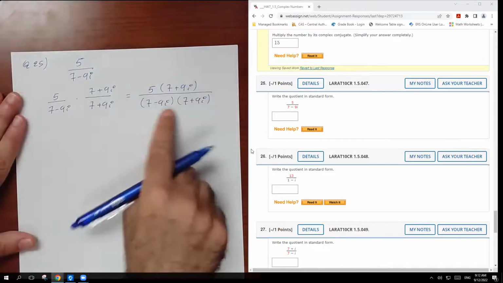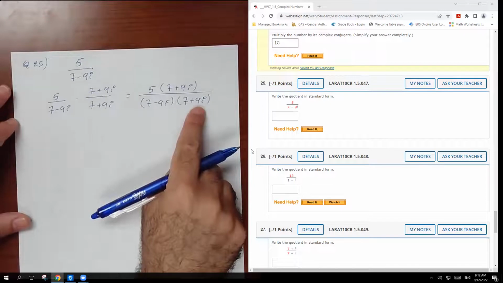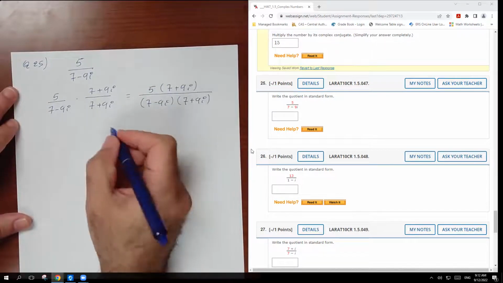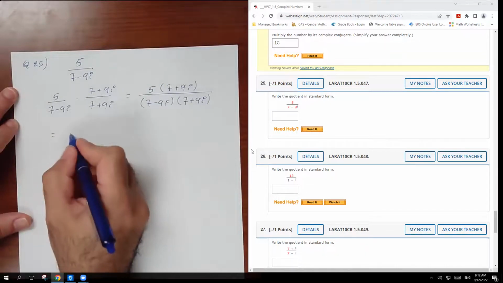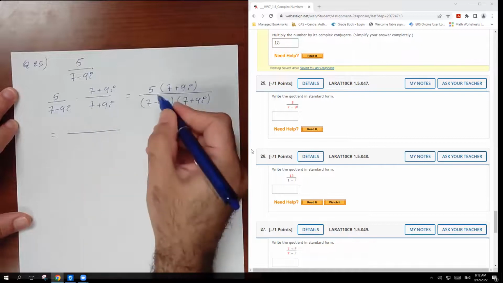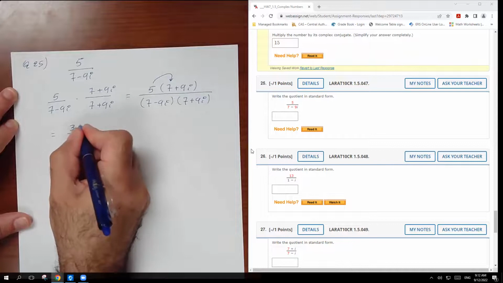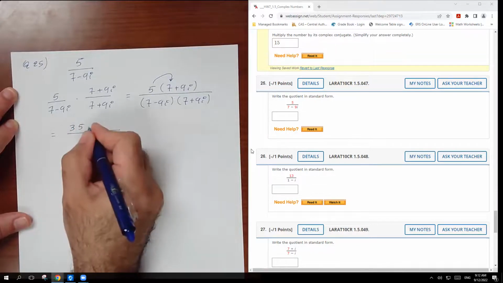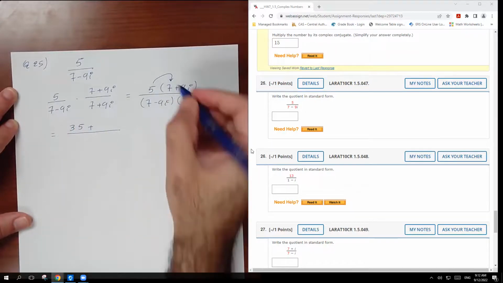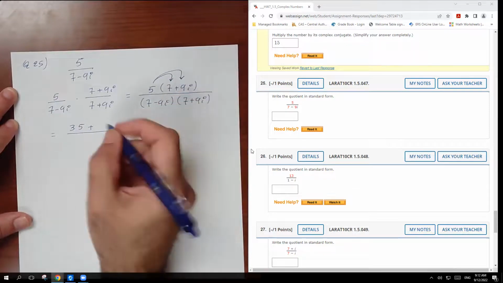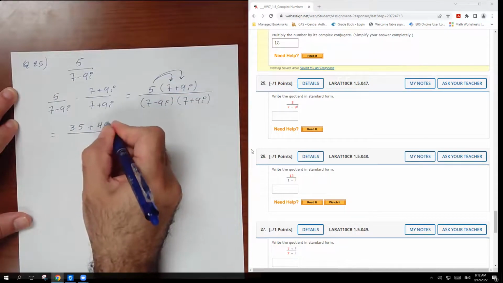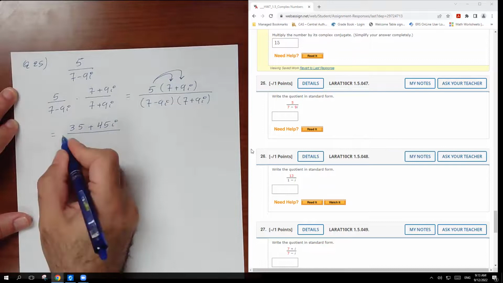You can distribute these 2 parentheses, it's fine, and distribute the 5. So this one is going to be the result. 5 times 7 is going to be 35, plus 5 times 9 is 45, and here is the i.